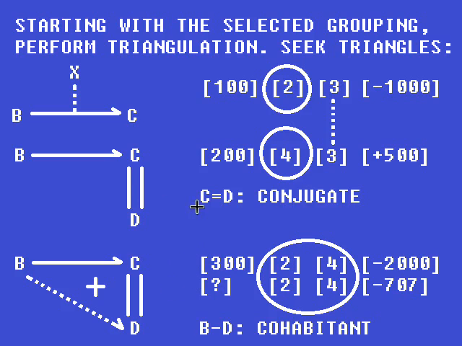I am calling the second side which you find the conjugate, and the third side I'm calling the cohabitant. Basically that's about it. That's how you do triangulation. When you have found such a second side, you are ready, set to go.